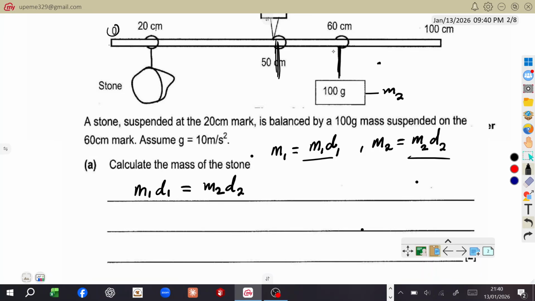From here to here altogether, it's 50. Now we just want to know the distance from here to here. If we say 60, no, that is not going to work. What we want to know is this distance from the pivot. Remember, always from the pivot to where the object is. This distance, d2, is the one we want.